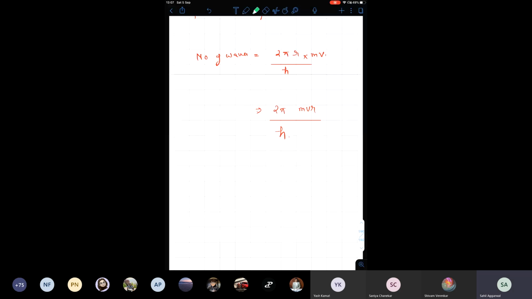What is mvr? Putting the value of mvr from the first equation, mvr is equal to nh upon 2 pi, where n is the orbit.